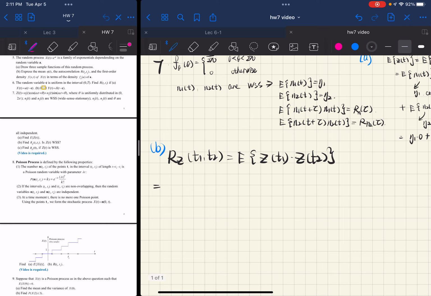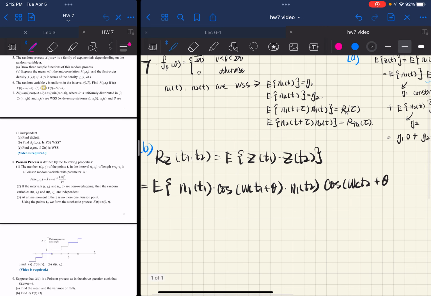Here I will omit some steps, so we get our answer as the expectation of n1(t1) times cosine, and we will have 4 terms in total.